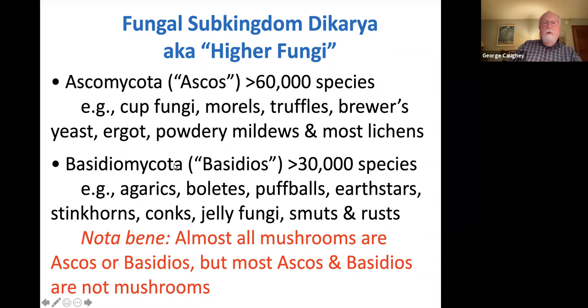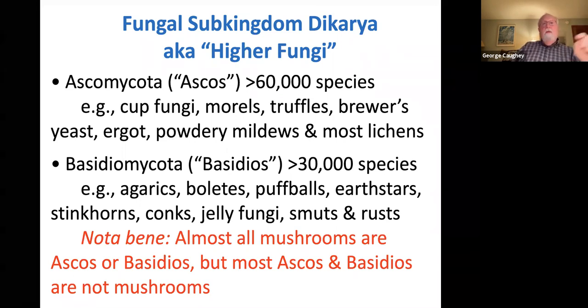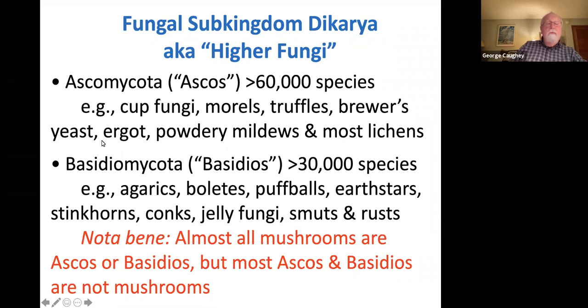The so-called ascos. There are two major divisions, the ascos and the basidios. There are at least 60,000 named species, and they include the fungi that have cups. We'll see some of these. Other familiar mushrooms, morels, truffles, brewer's and baker's yeast, ergot, you know, the fungus that infects cereal grains, and is blamed for the outbreak of madness associated with Salem that led to the Salem witch trials and so on.